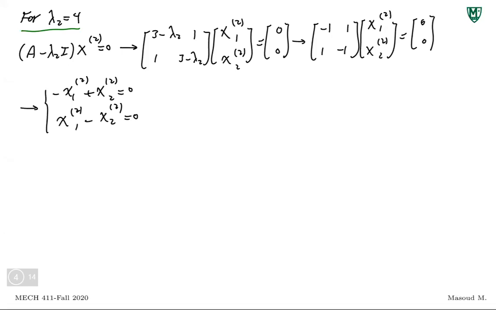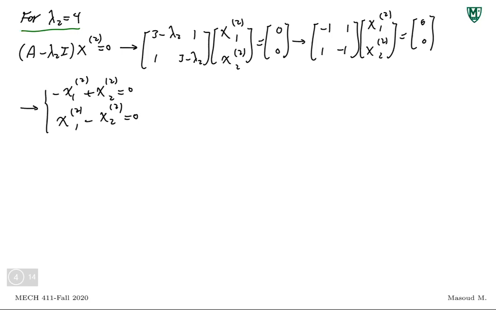Now here you see there's a different relationship between the components. x2,1 and x2,2 are equal. If you take one to the other side, either of these equations gives you the same thing. But again, it can be any number: 1, 10,000, 1 million, 10, minus 10, any number.